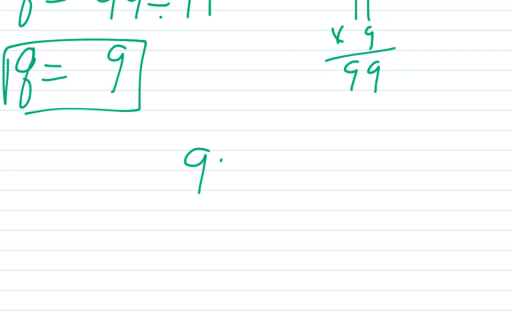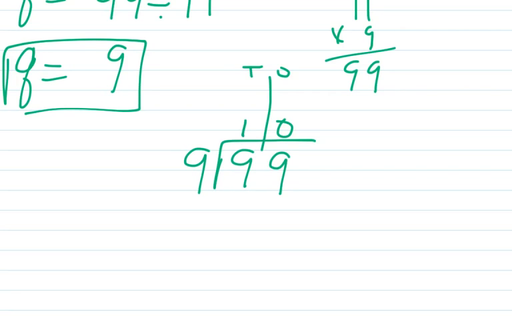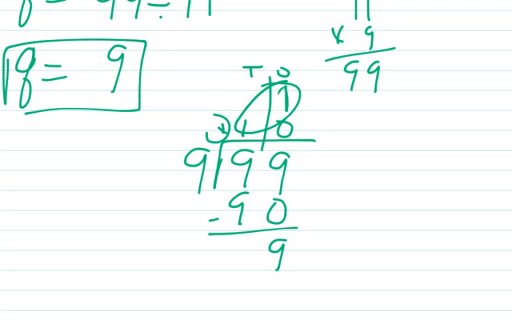So, 99 divided by 11, we can make 9 groups of 10, multiplication sign, and we can put 1 into each group, into 9 groups, which will give us 11.